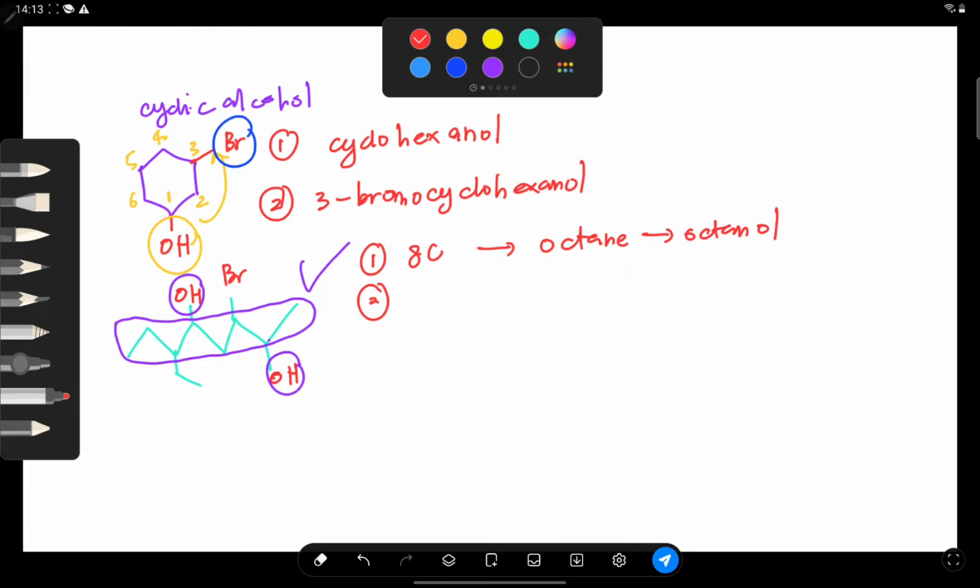Then step number 2 is you need to locate the location of the hydroxyl group. Please make sure the location of the hydroxyl group is at the lowest number. So you need to try the lowest number and also the lowest set number.